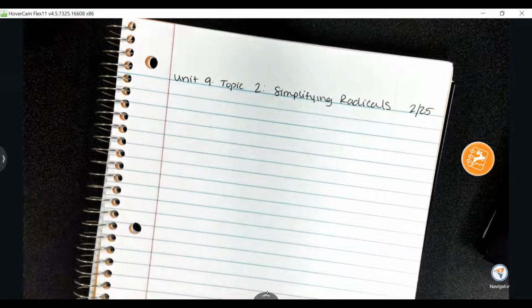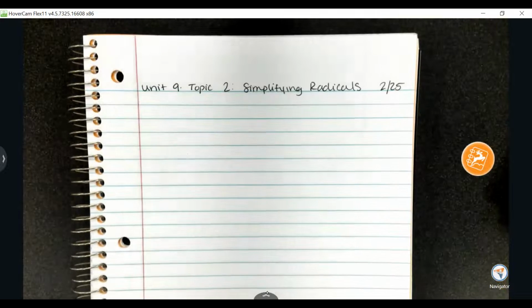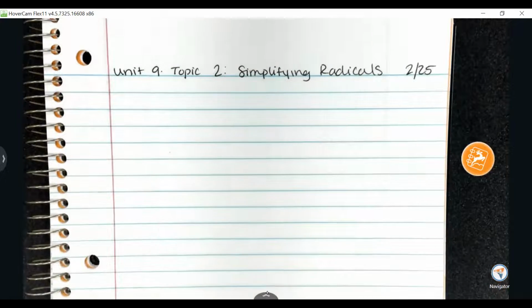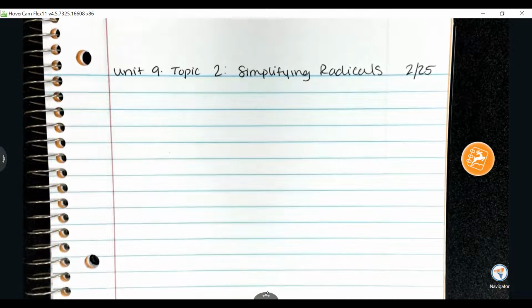We're going to have Unit 9, Topic 2, and we're going to simplify radicals, okay? Simplifying our radicals. So the first thing we're going to do is we're going to rewrite the radical that we learned yesterday.